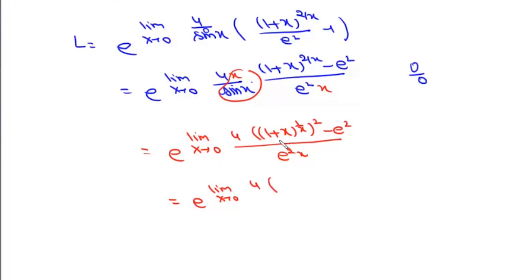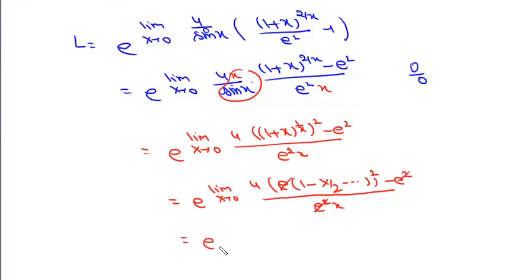Now this is e to the power limit x tends to 0, and this is 4. Now we'll use the expansion of (1 plus x) to the power 1 by x. So this is e, and then it will be (1 minus x by 2) whole square minus e square upon e square x. Now e square and e square will cancel.